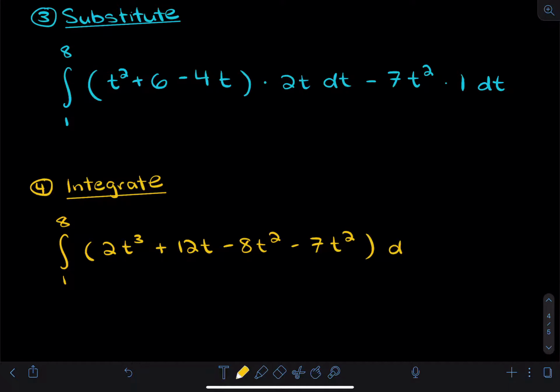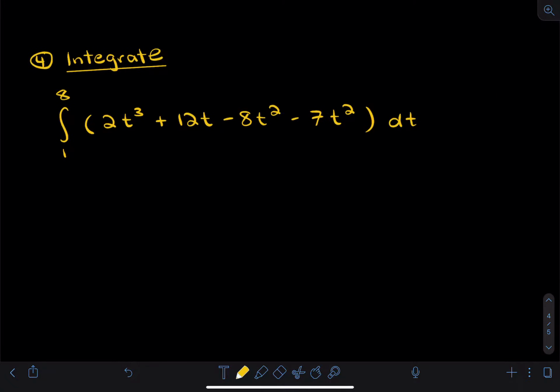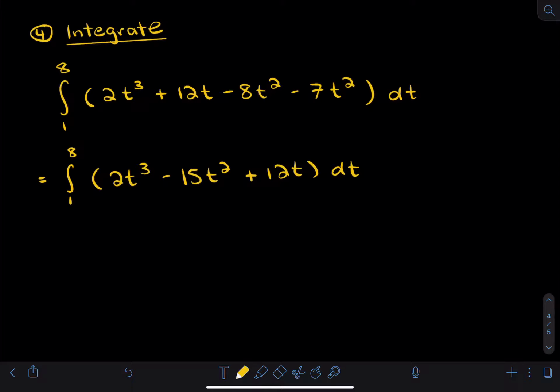And then, of course, we have the dt. Now we can simplify this. Before we integrate it, we want to combine all the terms that we can. 2t cubed minus 15t squared plus 12t dt. And now we're ready to integrate this.